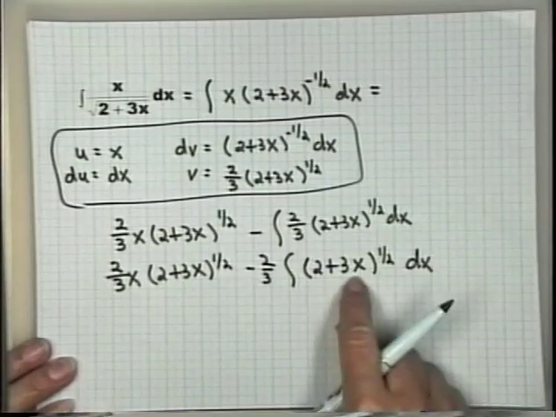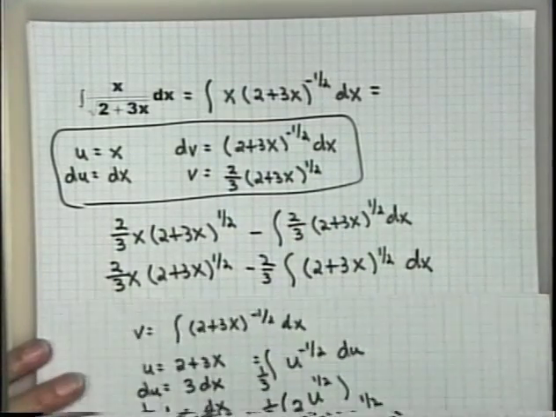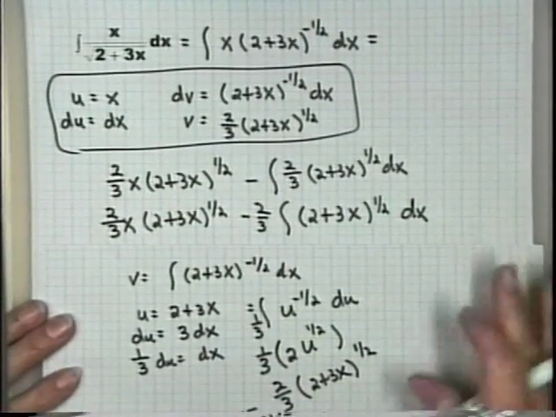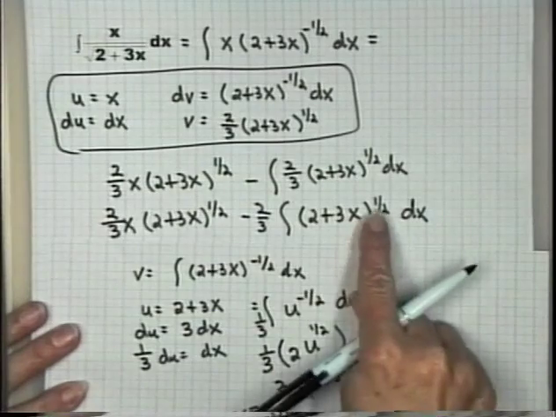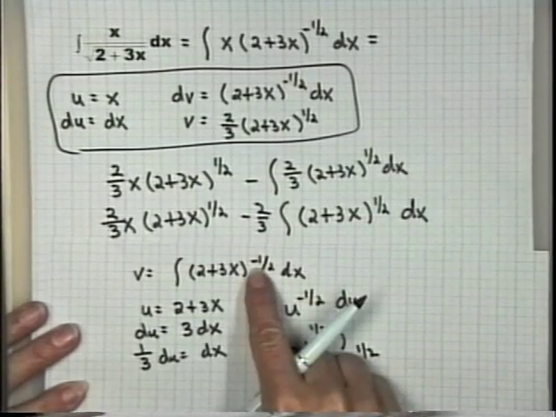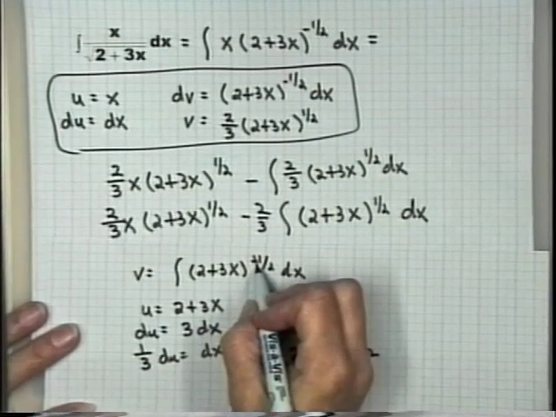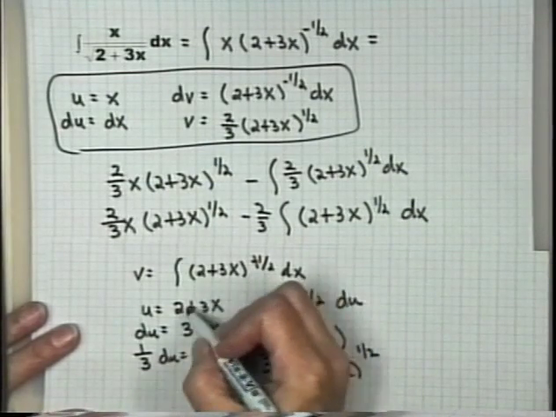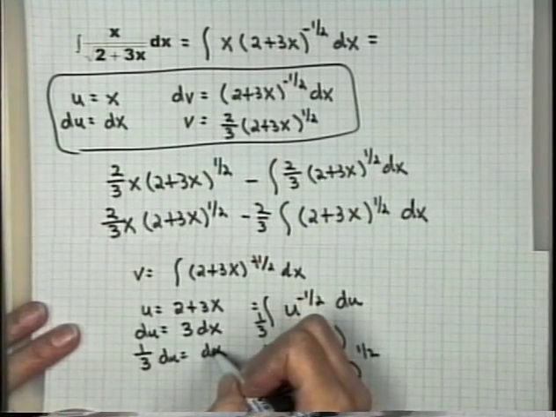Now this looks a lot like what we had right here. In fact, let me put this back up on the screen. When we did the u substitution a while ago, we were looking at this integral. The only difference is the power, isn't it? So if this were a 1/2 power instead of a negative 1/2, we would use the same u, du and everything would be exactly the same.